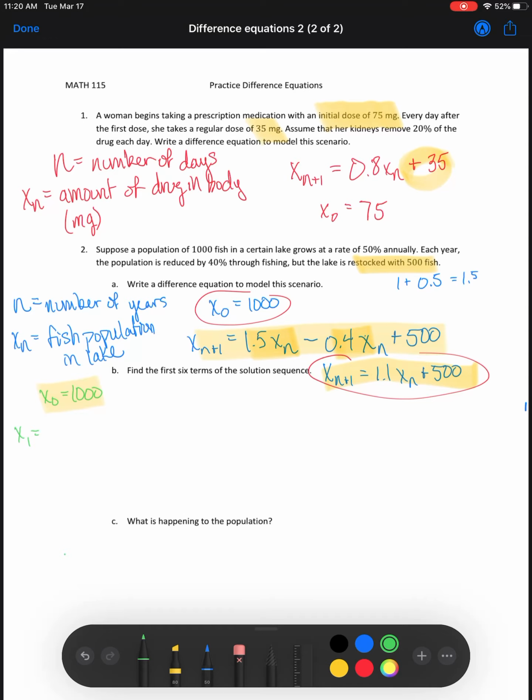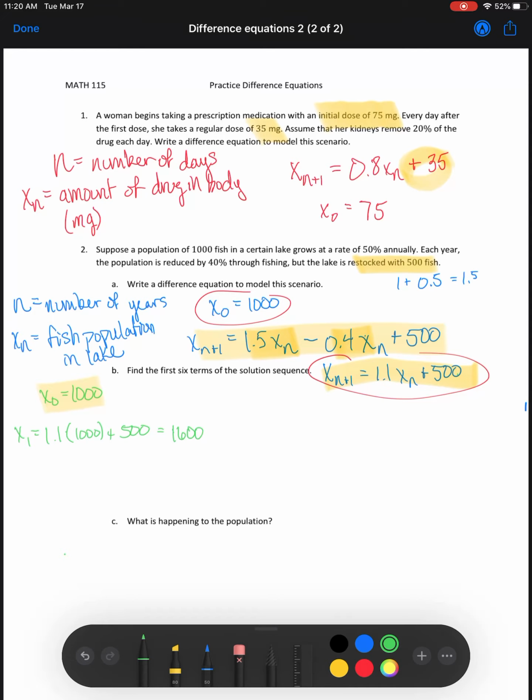So what that means down here when we have x_1, we're going to do 1.1 times 1000, which is the number right above it, and then plus 500. All right, and you can grab your calculator. I did this right before the video, and I got 1600. That tells us at the end of year 1, because the 1 is our subscript, there are 1600 fish.